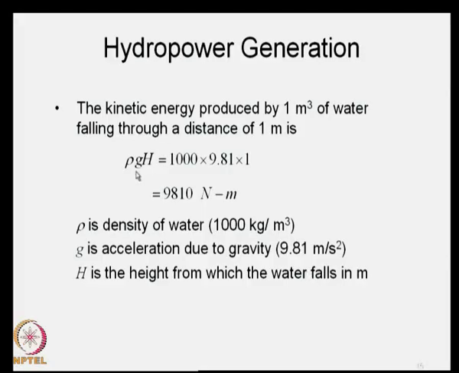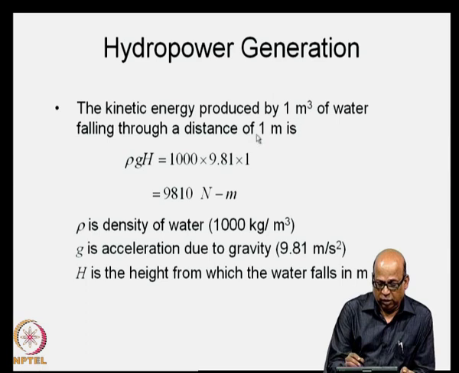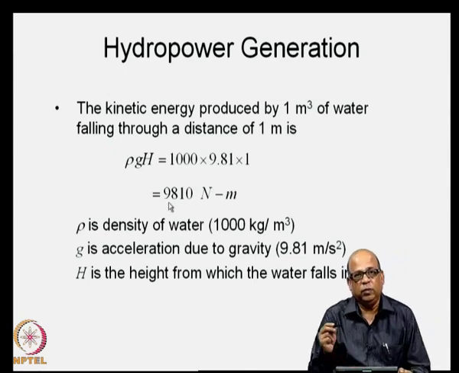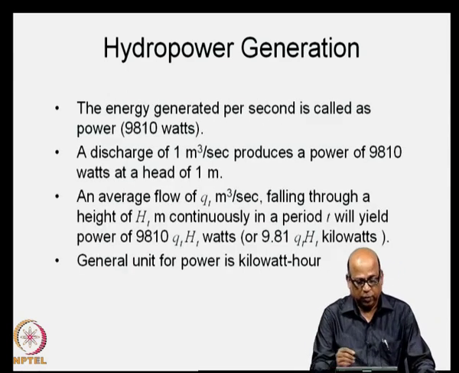So, as I said, rho is 1000 kg per meter cube, 9.81 is your g, and h is 1 meter. So, you get an energy of 9810 Newton meters. Now, if this water is falling per second, that means continuously the same amount of water is falling at a uniform rate, then the power that is produced is 9810 watts.